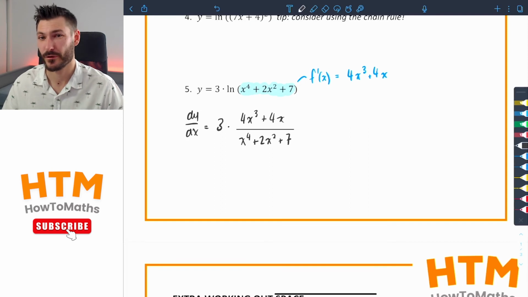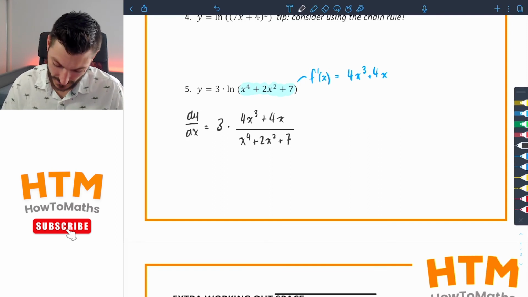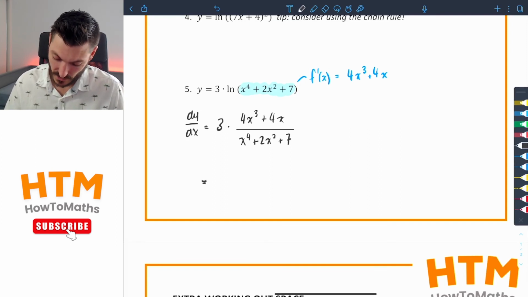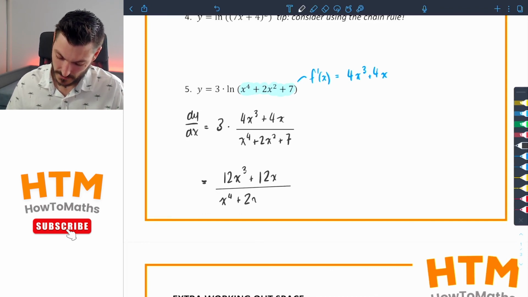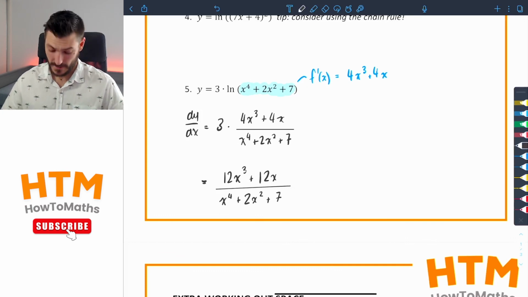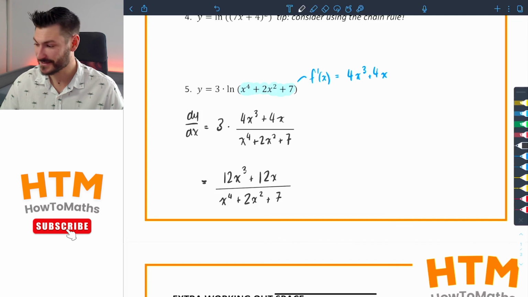Again, we'll distribute that 3 into the numerator. And so we get the derivative equals 12x cubed plus 12x, divided by x to the 4 plus 2x squared plus 7. There we go. 5 questions done and dusted.